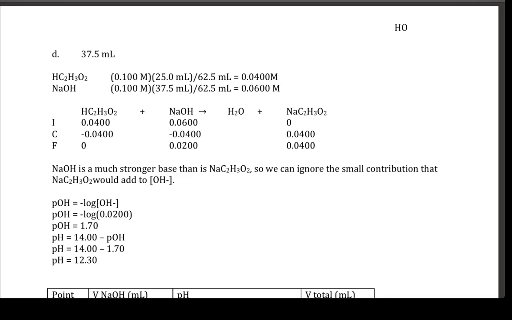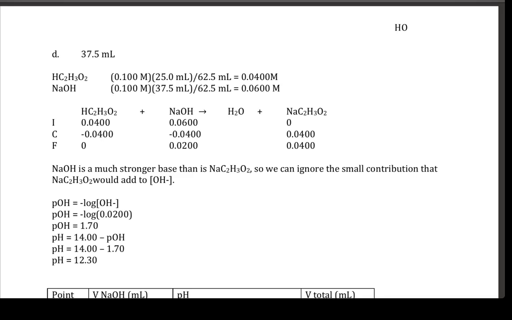That's a reaction that goes all the way. So the smaller of the two, 0.0400, represents the change. So we have 0.0200 molar NaOH in the end, and 0.0400 molar C2H3O2 minus.